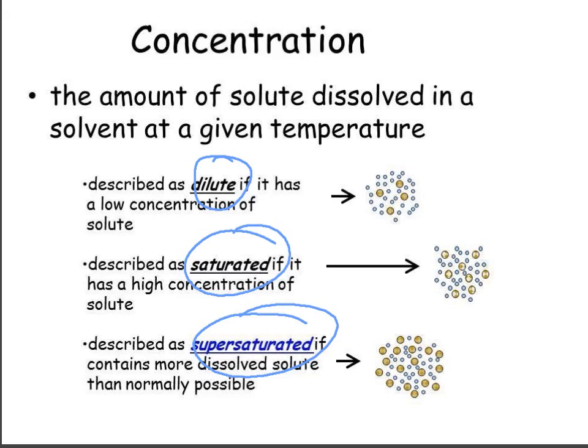When we talk about a dilute type of solution, the number of particles or concentration of solute is low. What about a saturated solution? A saturated solution has a higher concentration of solute, which means that it has more solute dissolved in solvent compared to the number of solute particles in the dilute type of solution.